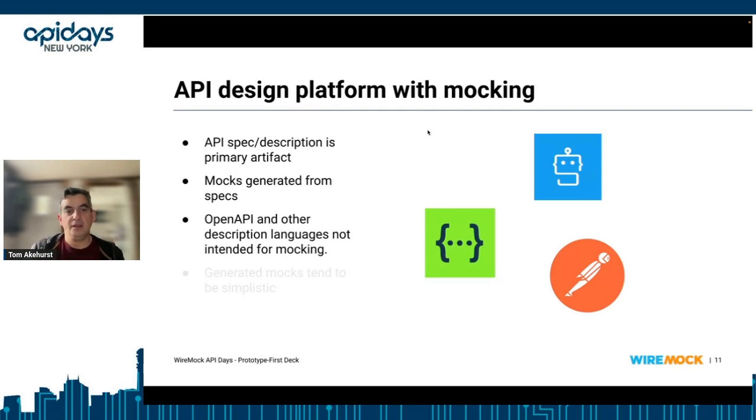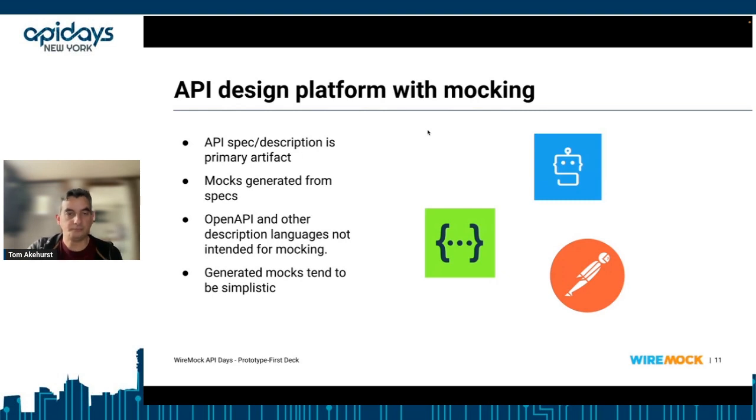Unfortunately, when your mock is wholly generated from an API description, you tend to have the same problem from a couple of slides ago, where you can represent the very basic, rudimentary case perfectly well, but as soon as you want to go off to the side a little bit, you have more trouble, or you simply can't represent those cases. So in summary, the generated mocks tend to be simplistic and can only be used so far for serious testing and exercising of the design.